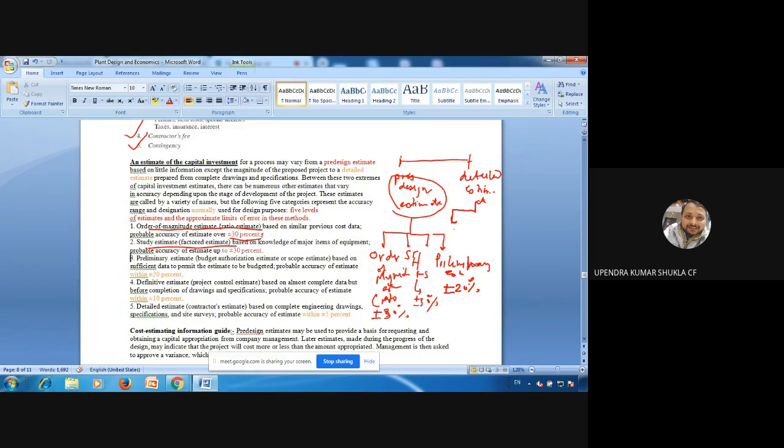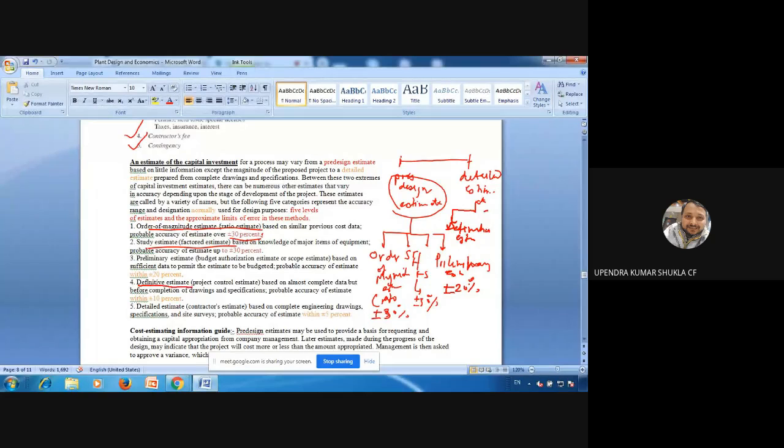In the detailed design estimate, one is the definitive estimate. Detailed estimate is more accurate. Different names are there. Definitive estimate, I have written over here.